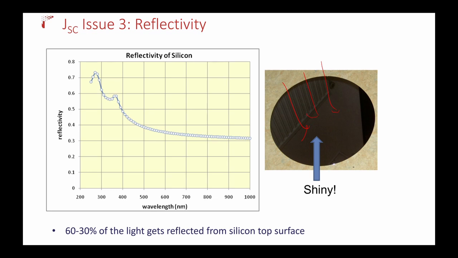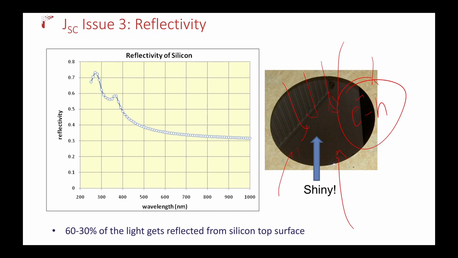But we do not want this light to be reflected. We want it to be absorbed by the silicon wafer to generate electron hole pairs. So we should do some engineering on the wafer so that the light is not reflected back to the environment.